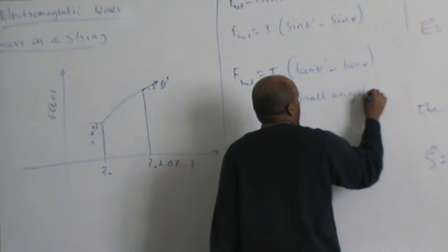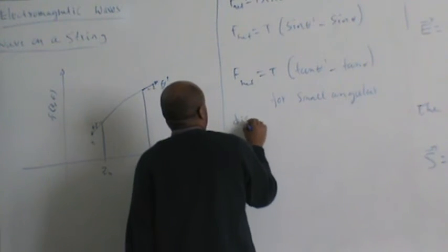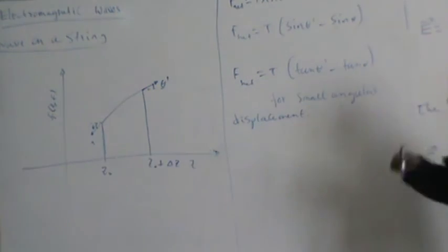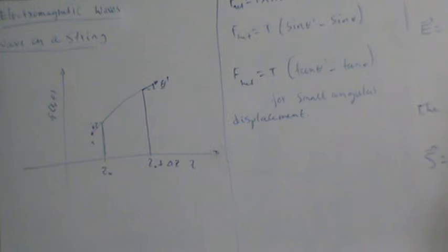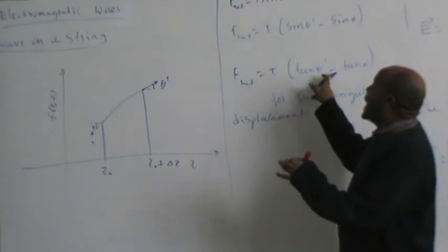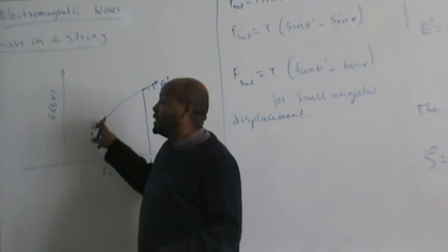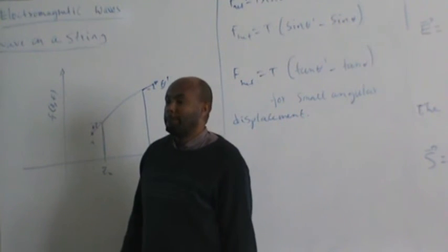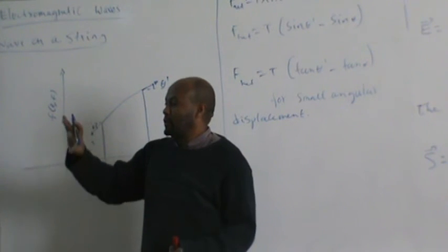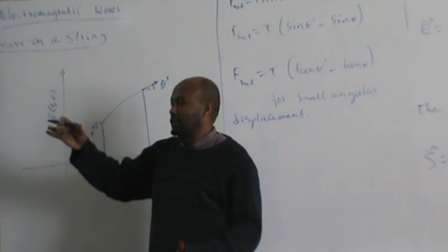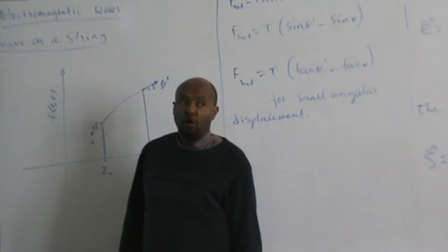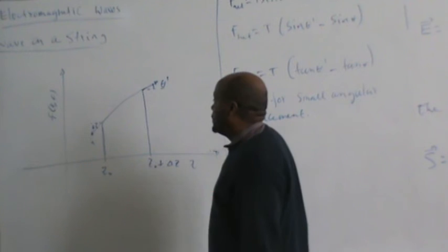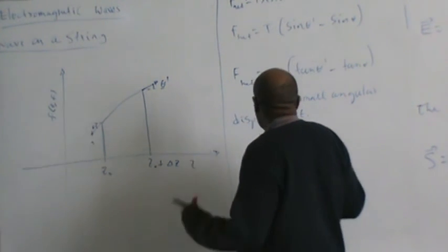All right? But how can we express tangent of theta prime at this point if I use calculus? You know, tangent is vertical increase over horizontal increase, right? But in terms of derivative, how can I express tangent in terms of this function? Yes.